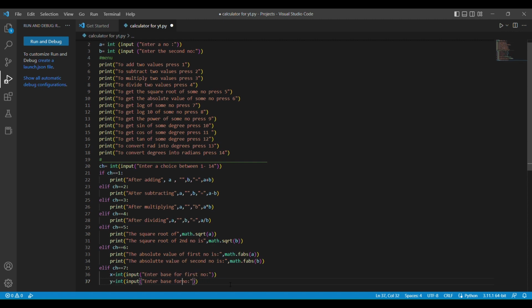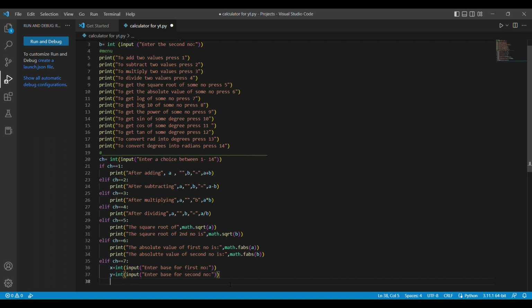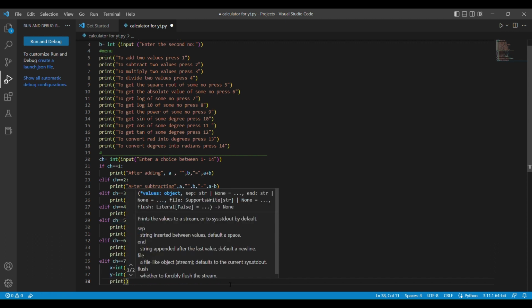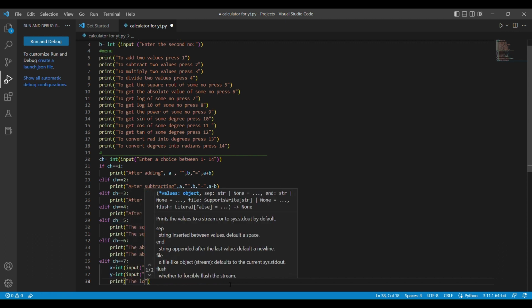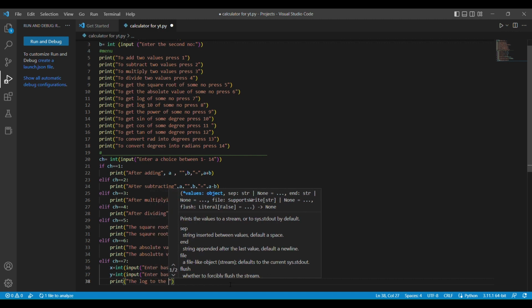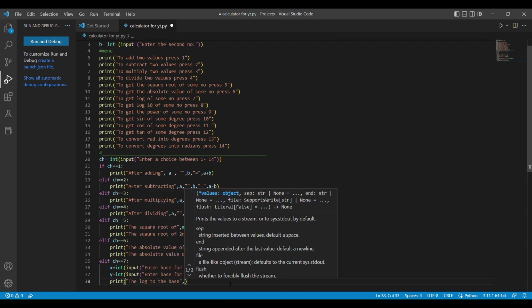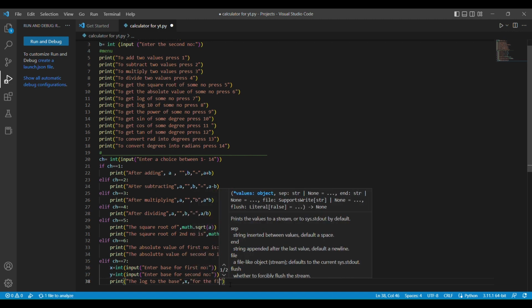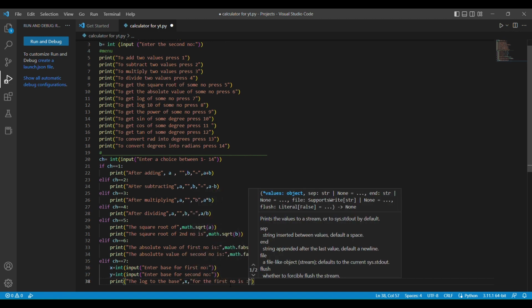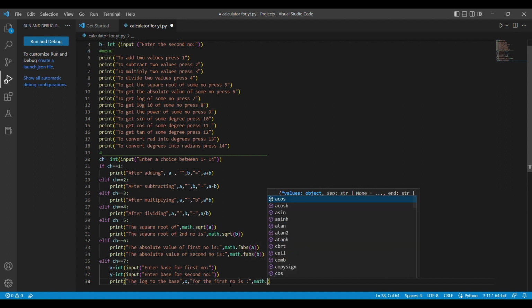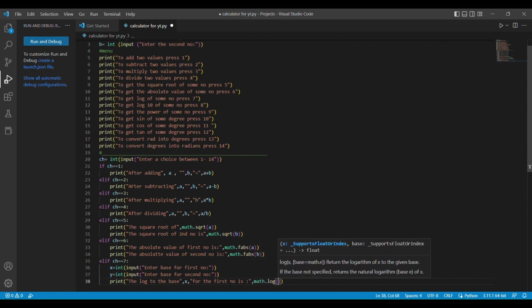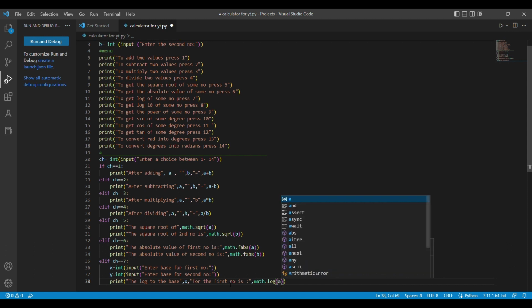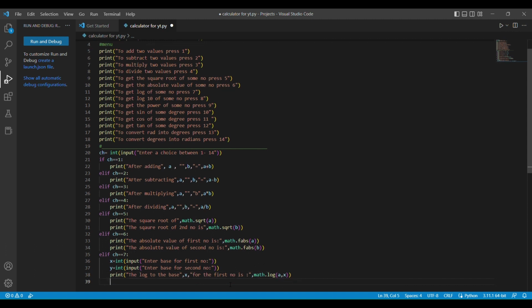I am just teaching the basic ones first because it is our first video, then we will move on to complex ones also. Now let's print the log to the base comma x comma for the first number is comma math dot log a comma x.